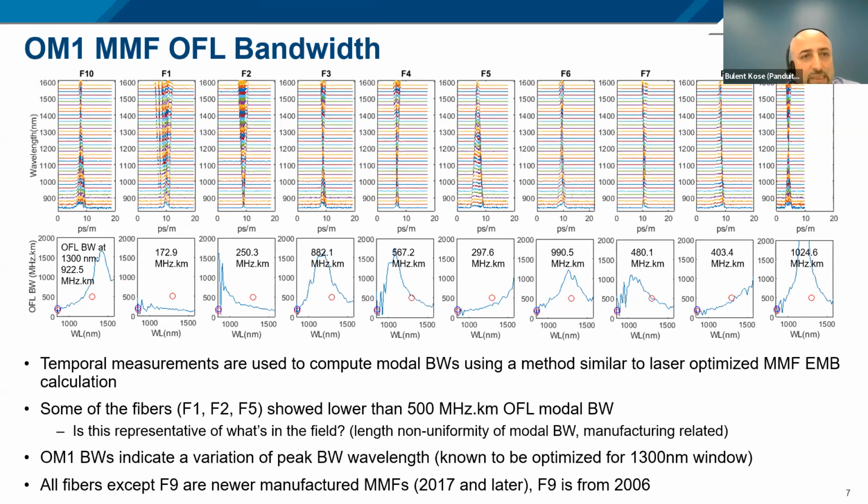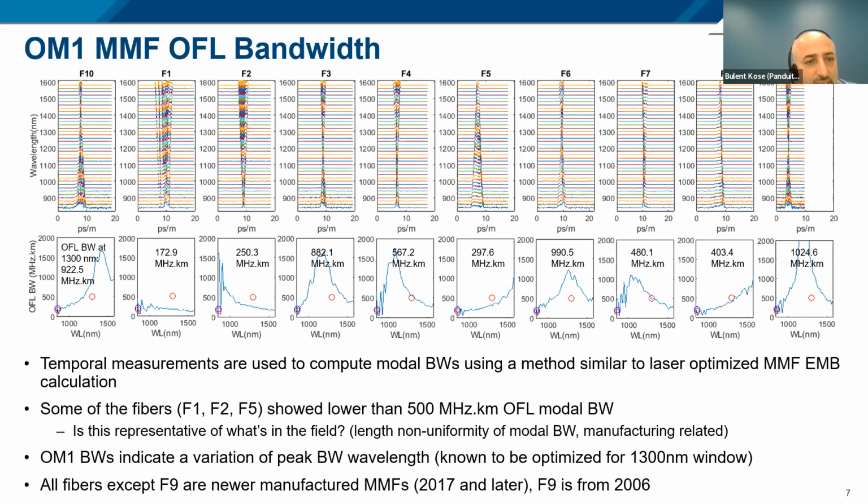But in this measurement, it's overfilling the fiber in terms of modes, and then sending the 6 picosecond pulse. At the bottom graph, I show the OFL bandwidth that's calculated from the above measurements.